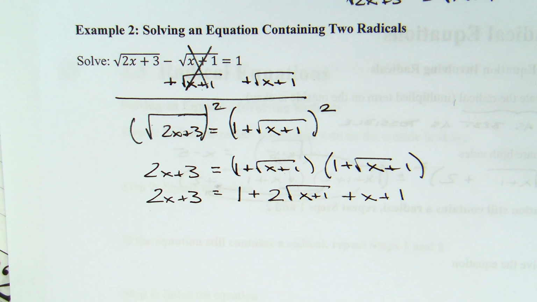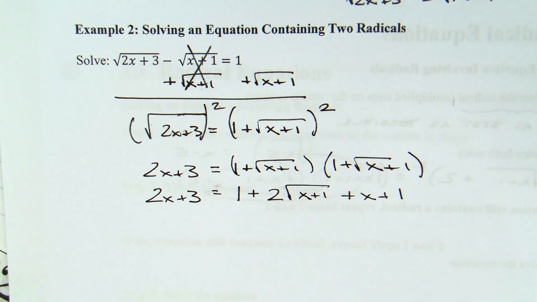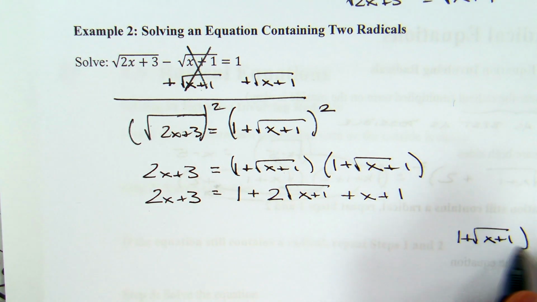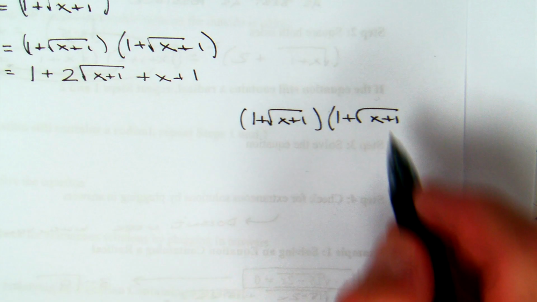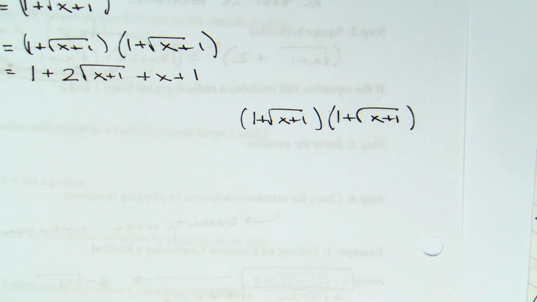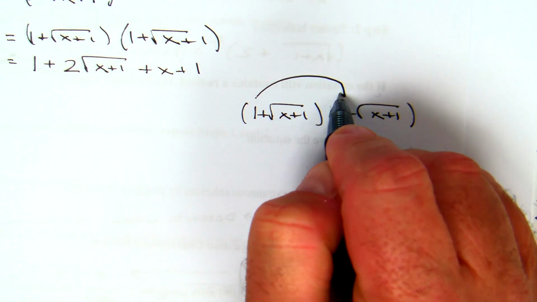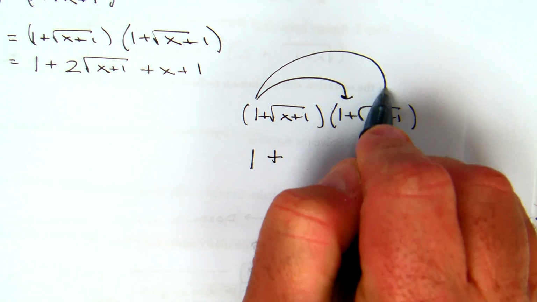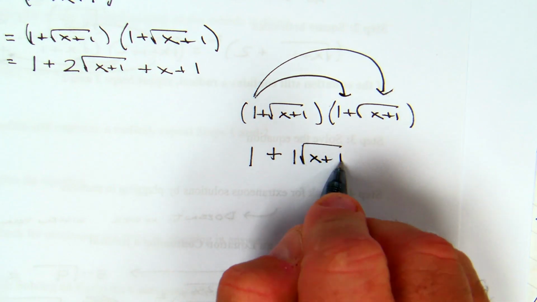Does anybody need to say how this became this? Yes. All right. So I'm doing the distributive law of FOIL. I'm doing 1 times 1, which is 1, plus 1 times the square root of x plus 1, which I'll write out as that.